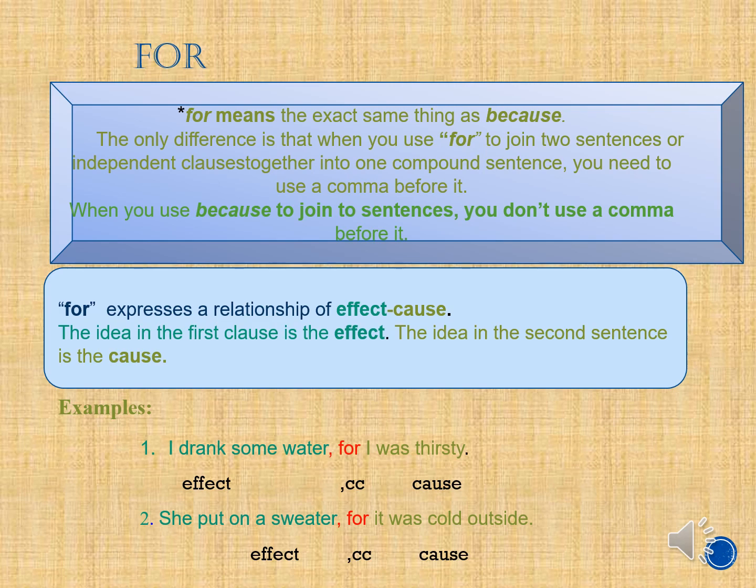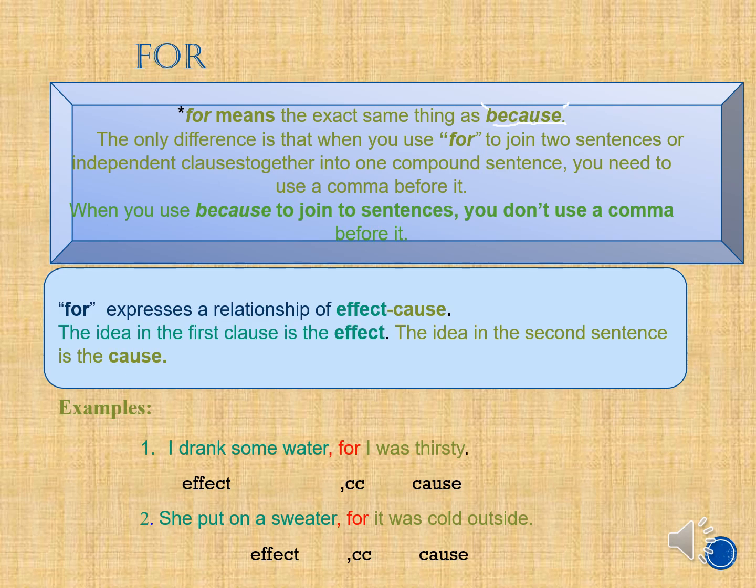When we use for as a preposition, for can be followed by a noun or by an object, never by a verb, okay, or by an infinitive. But yes, for can be followed by a gerund if it's working as a preposition.